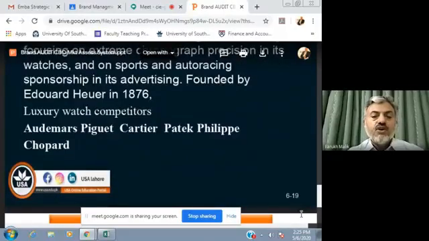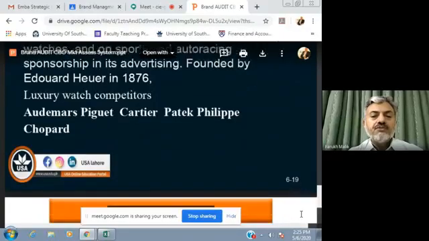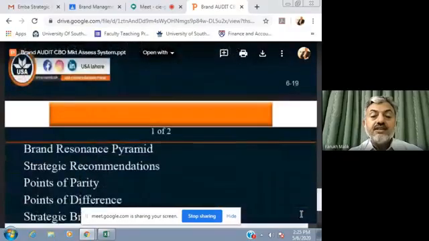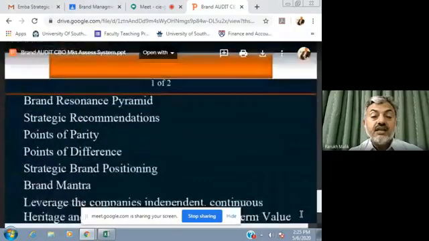Luxury watch competitors are Audemars Piguet, Cartier, Patek Philippe, and Chopard. These are very high-end watches, custom made to order for specific clients, and they have a specific serial number as well.